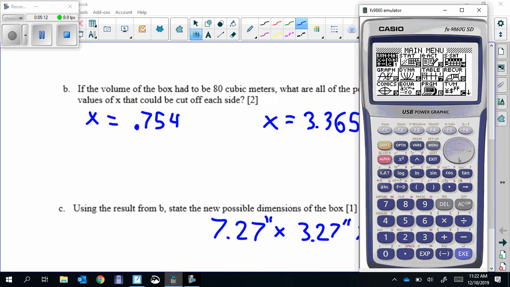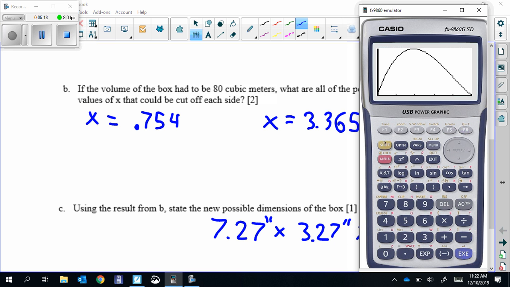If you go back to your graph, you can either retype in the 0.754 or you can go back to your graph and get that answer back. If you leave it there, it'll be saved. So go back to your main graphing portion. Now x is saved as that 0.754.